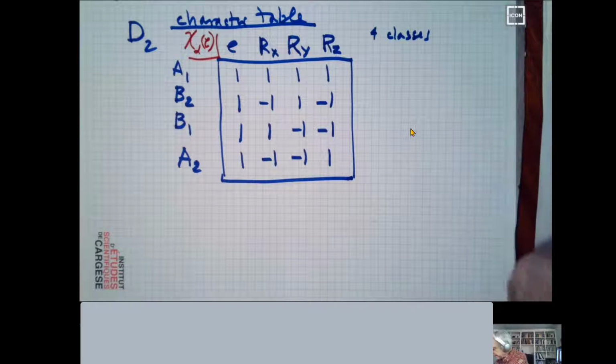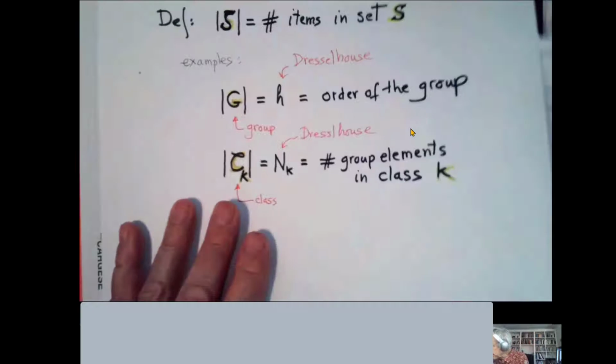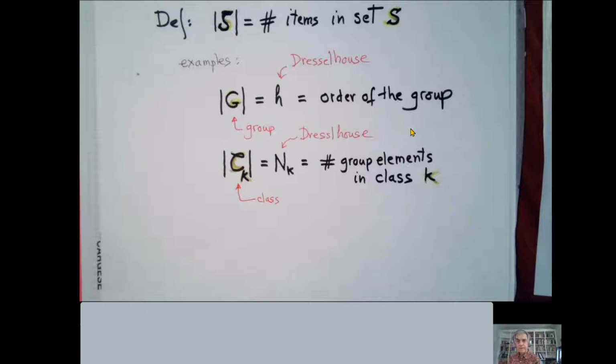So let me define a little bit of notation. Whenever I take any set and put vertical bars on its sides, by that I mean the cardinality of the set, or the number of items in the set.